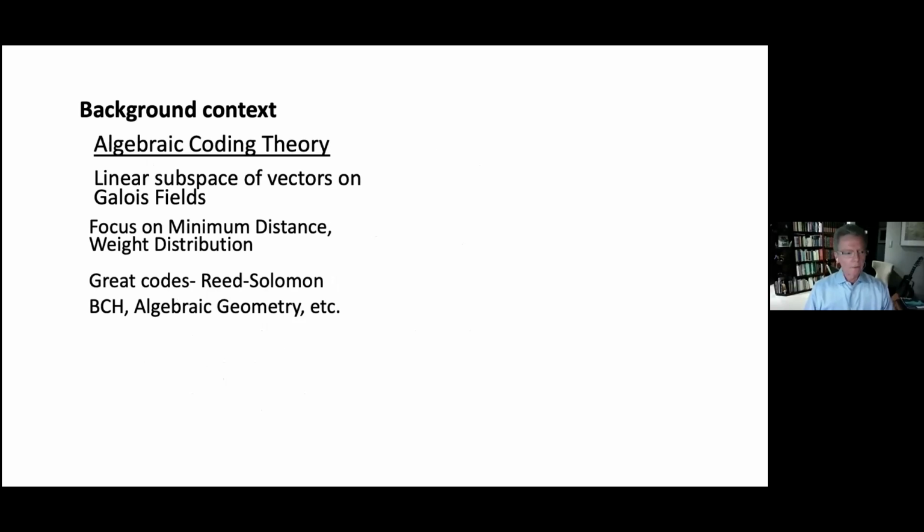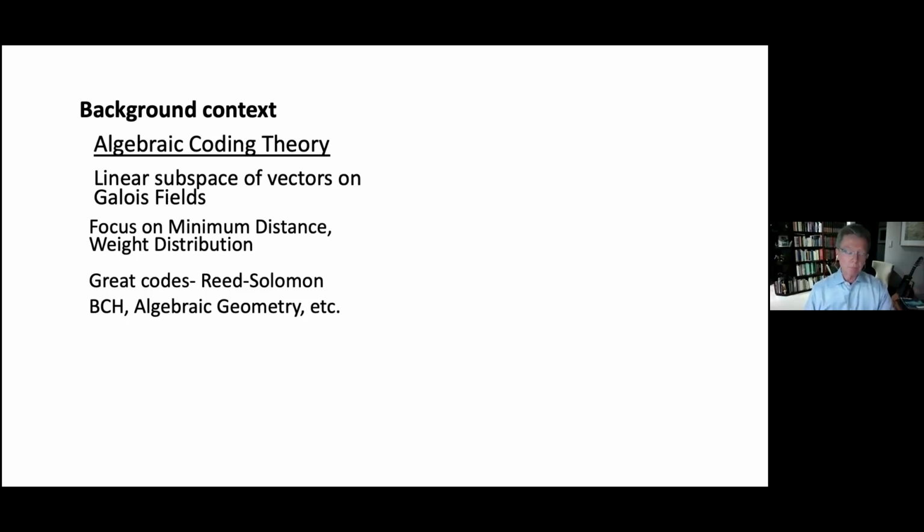Long ago, in algebraic coding, which was dominant from the beginning up until the 70s and into the 80s, you defined a code as a linear subspace of vectors. You borrowed from mathematics to be able to prove the minimum distance of the code, the closest separation between any two code words.